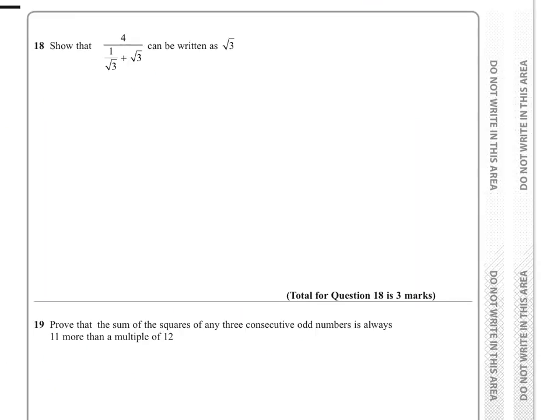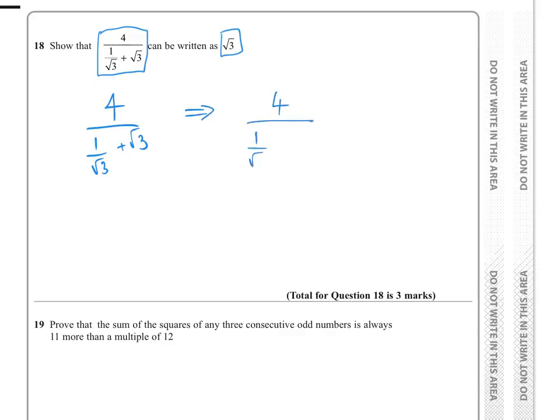Question 18. We've got to show that this number here can be simply written as root 3, which looks very difficult. So let's have a go and see what we can do. The first thing I would do is look at the denominator here and get the denominators of this denominator to match.